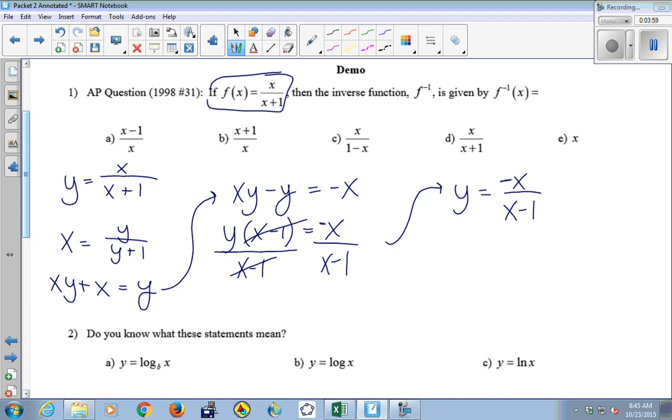How does B look like negative x over x minus 1? This is the inverse. This is my answer. One of these has to be equivalent to that.